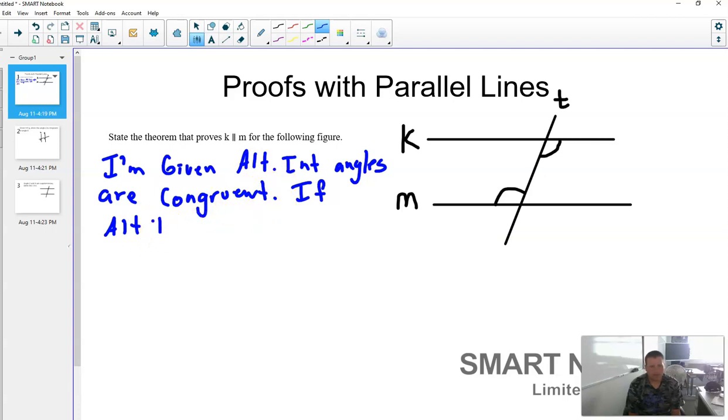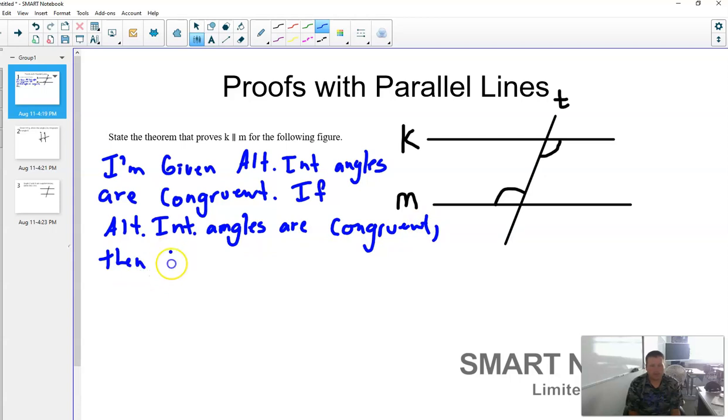If alternating interior angles are congruent, then, again, I can make a conclusion: then K is parallel to line M. That's what I want to conclude.